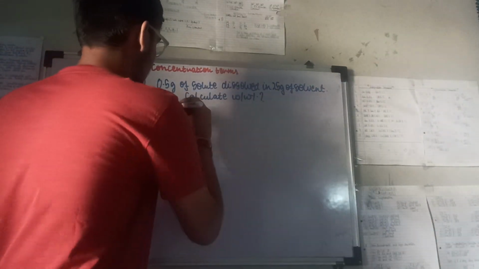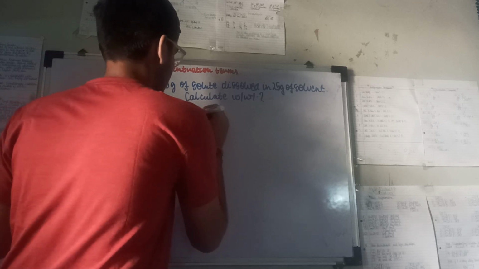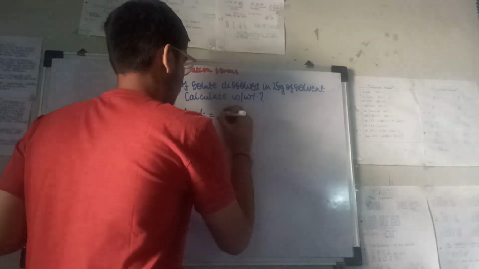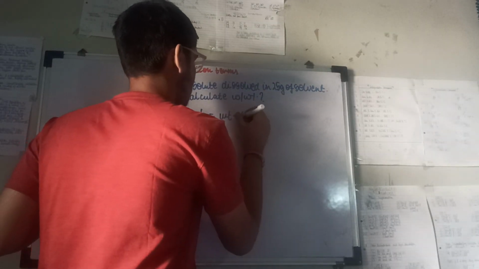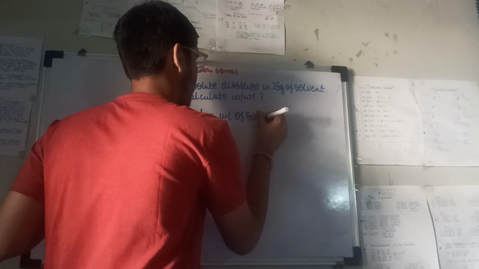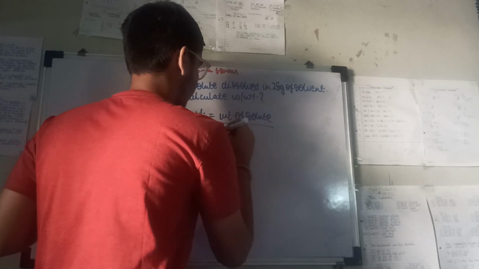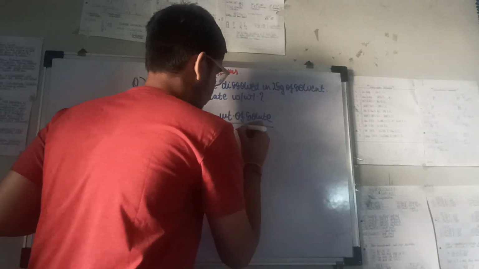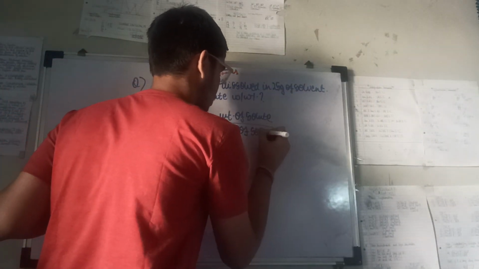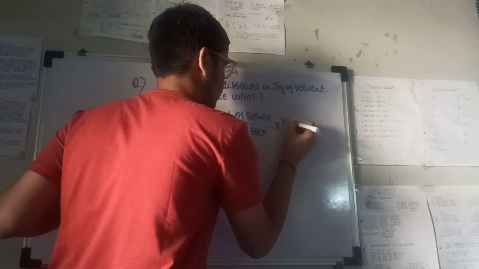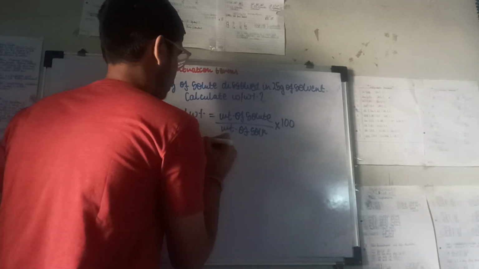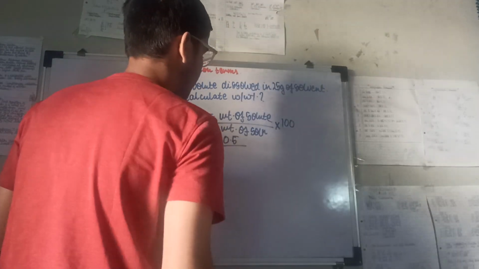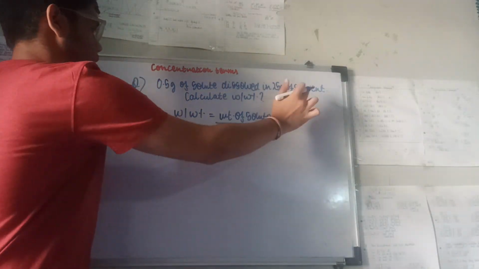Okay. Let's write the formula. Weight by weight percent is equal to weight of solute by, pay attention now, many of the students have directly put the value down, weight of solution into 100. Weight of solute is 0.5.